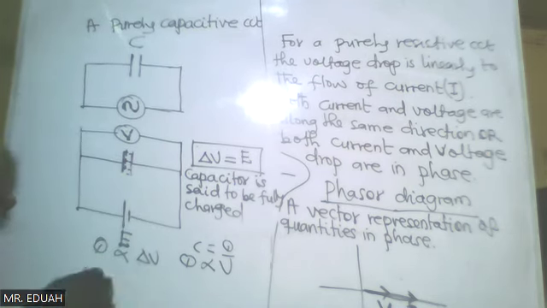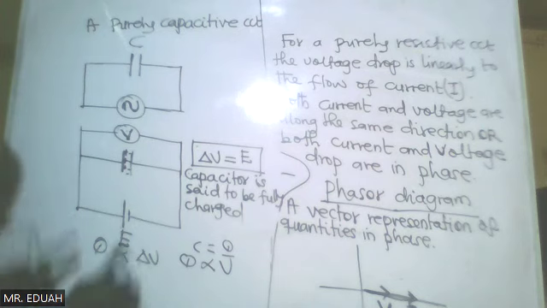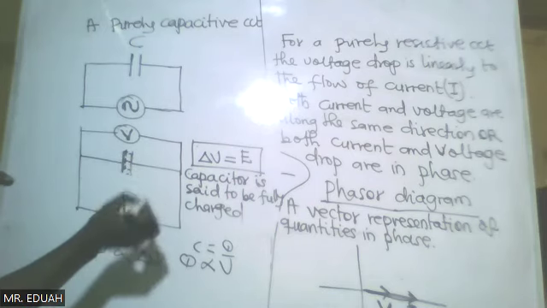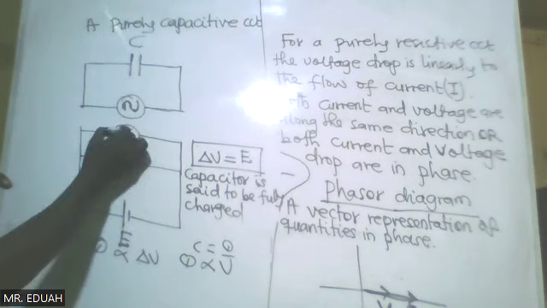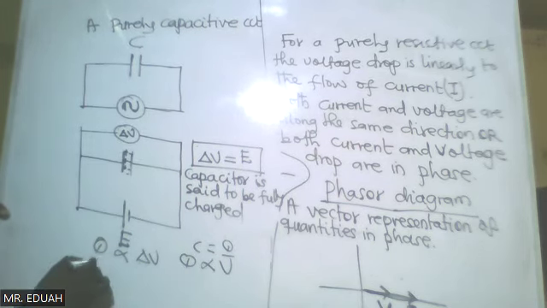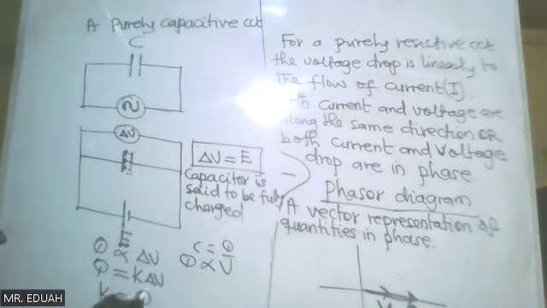So Q is directly proportional to the change in the voltage drop V across the capacitor. Now, if we introduce a constant of proportionality, we have K on delta V. If we make K the subject, we have Q over delta V.